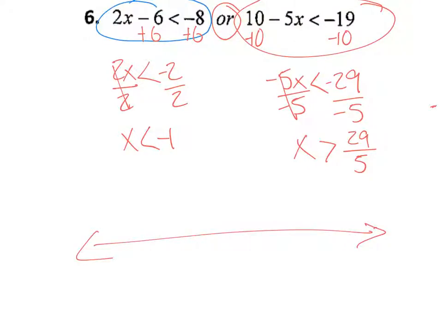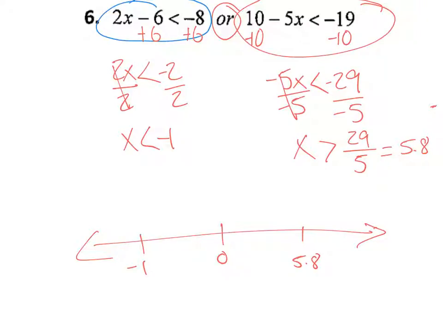Okay, so 29 over 5, that comes out to like 5.8, okay? All right, so what three numbers do I need to plot on my graph? -1, 0, and 5.8, okay?